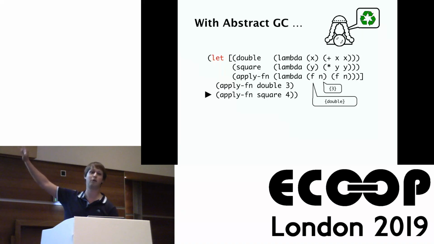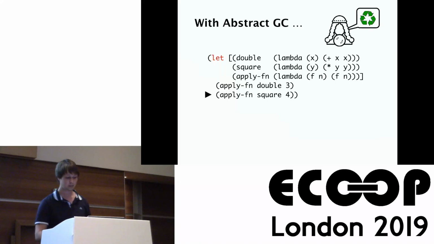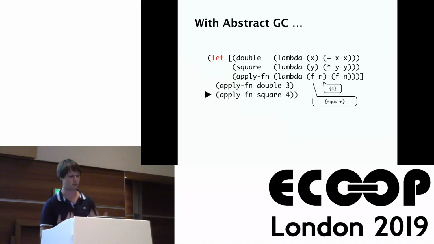So here, when we get to that second function call, neither f nor n are still in scope with respect to the environment and runtime stack of the abstract interpreter, so they can be reclaimed. That means, of course, that when we now resume the analysis and we do the second function call, we no longer have to merge together with those old garbage values, and, well, therefore we also don't have that same precision loss.